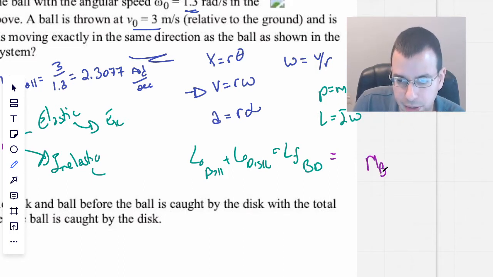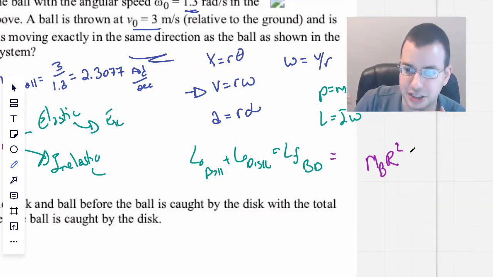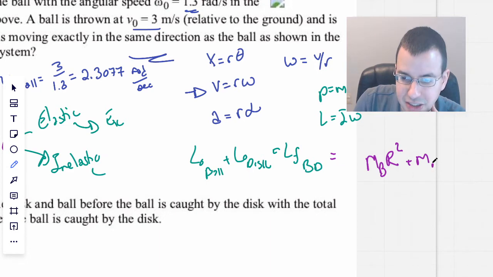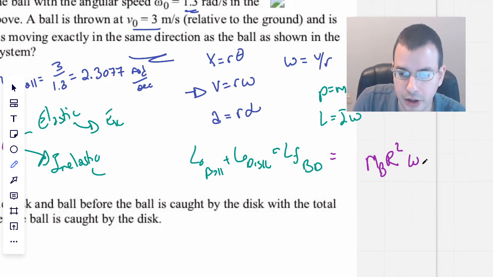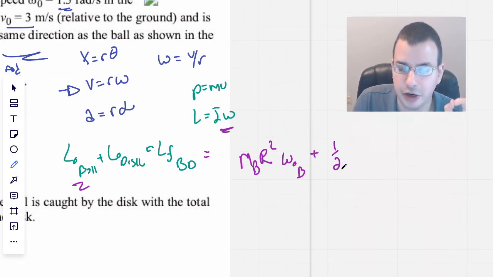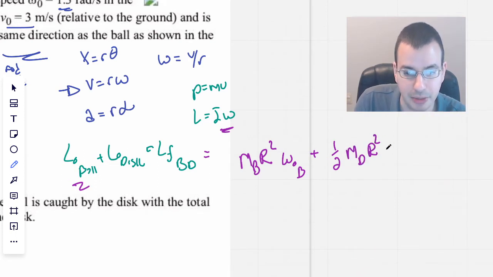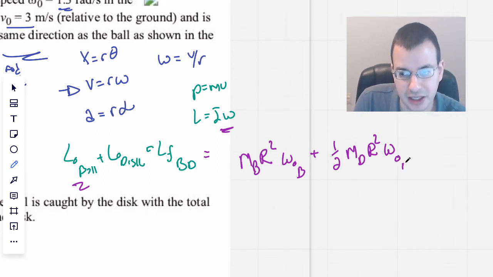So it'll be m ball times r squared, where r is the radius at which the ball is rotating, the edge of the disk, times the initial angular velocity of the ball, sorry. We're writing it out for the ball, plus now the moment of inertia for the disk is 1/2 m r squared, so it'll be 1/2 m disk times r squared, the same r, times the angular speed of the disk.